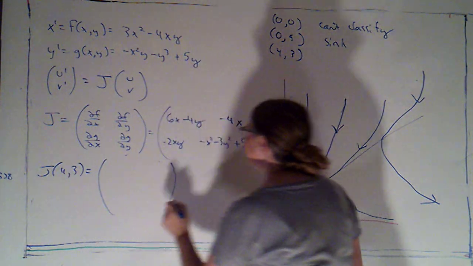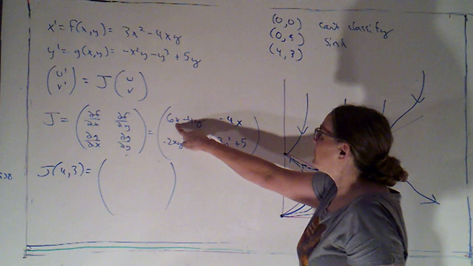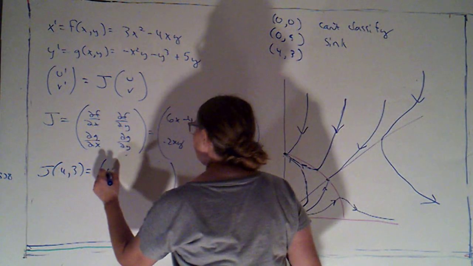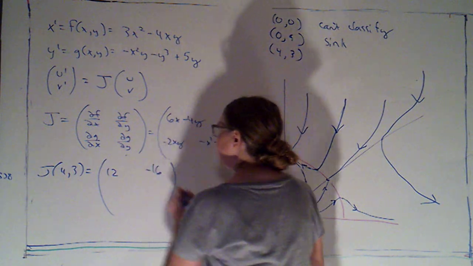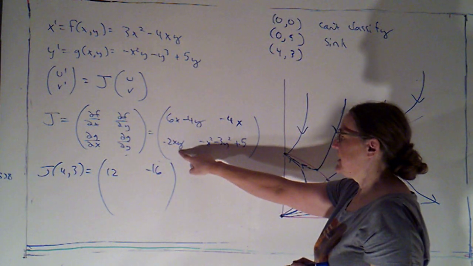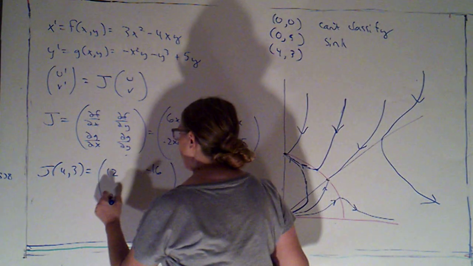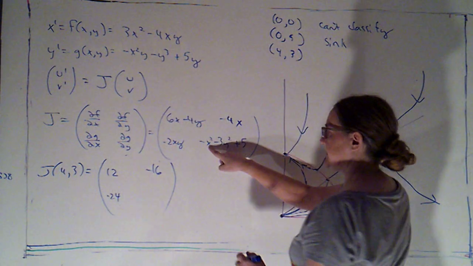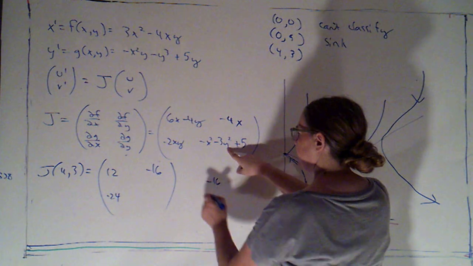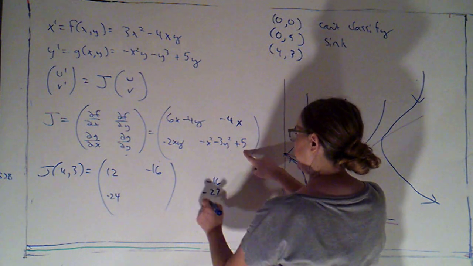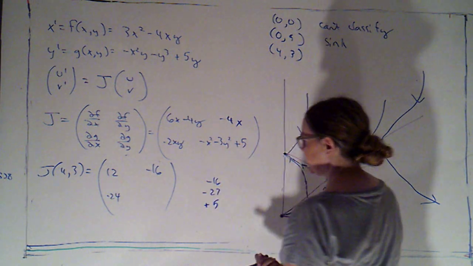So, let's see. That's going to be 24 minus 12 is 12. Negative 16. Negative 24. Let's see. Negative x squared is negative 16. Minus 3y squared is minus 27. And then plus 5.